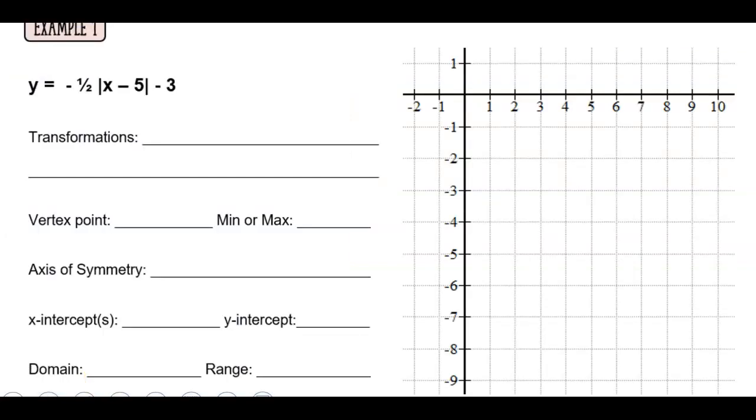All right, here we go. Let's do example 1 here. Kind of like the warm-up. What does that negative sign mean? What does that do to the graph? Reflection, okay? It reflects downward across the what?